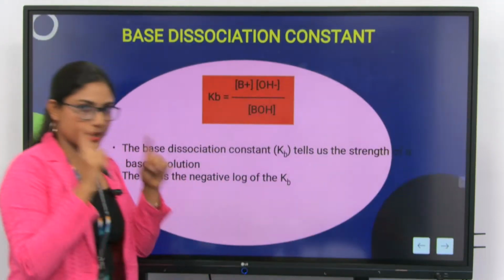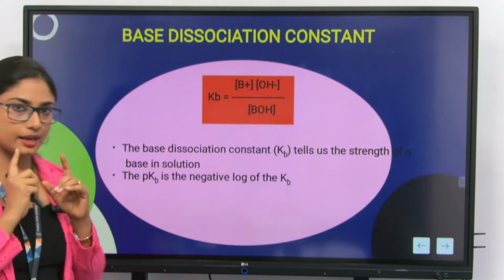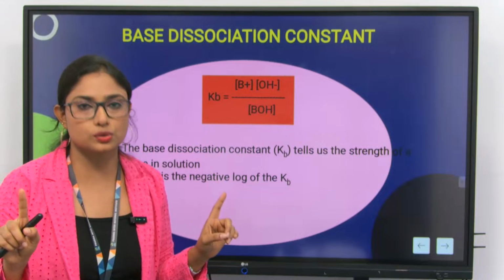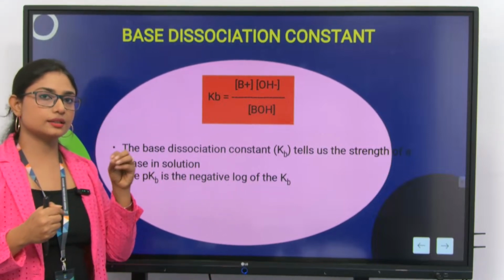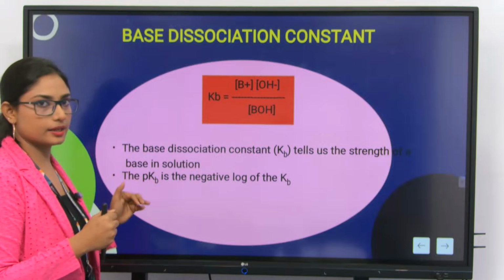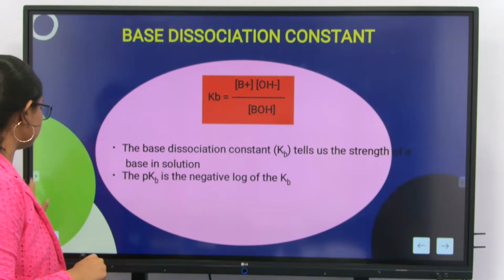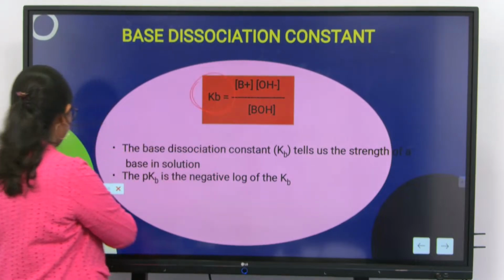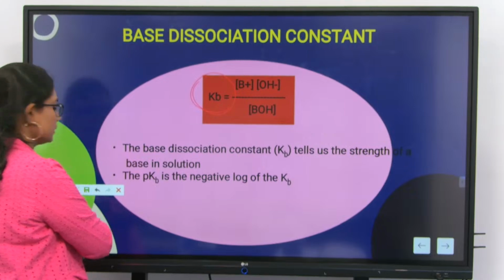Similarly, to measure the dissociation of a base, again I'm telling, we need the drug in an unionized state. It should not undergo dissociation. Or if it is undergoing, it should undergo only like 10% or 20% dissociation. Now, the base dissociation constant, Kb, is the measure of the weak basic drug that gets dissociated.